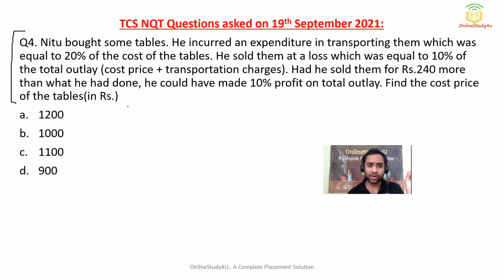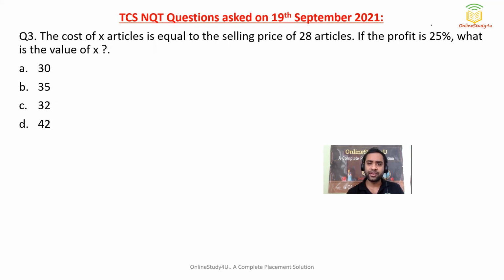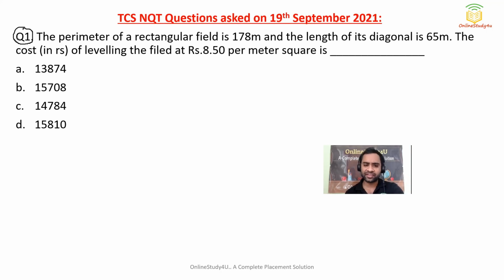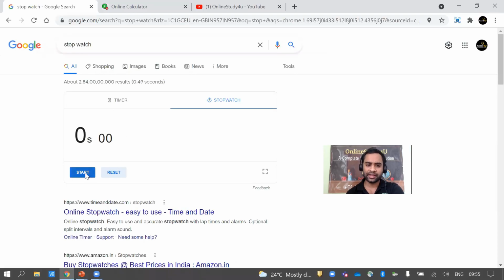Question number 4, you need to read completely and then solve, and that is very true, this question you cannot do in 1.4 minutes. Question number 2, yes, this you can do in 1.4 minutes. So it depends upon the question as well. Let us start the stop timer and then we will see.